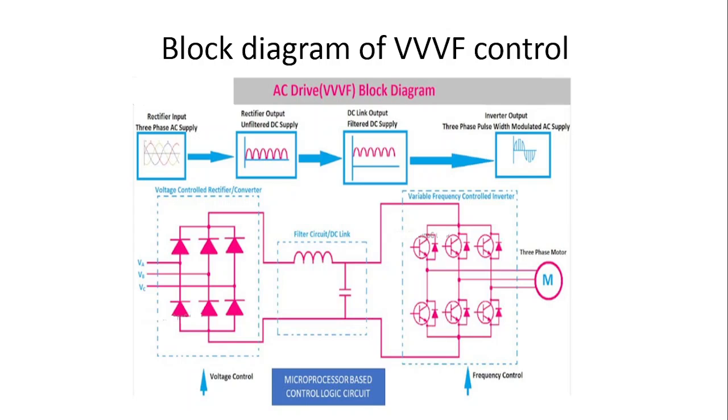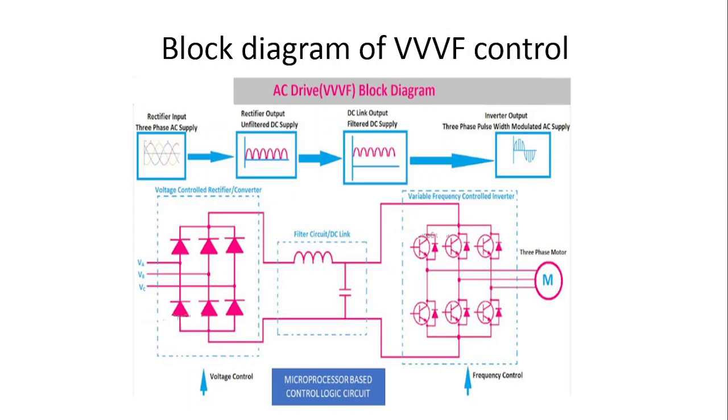It is generally difficult to change the number of poles of a motor. So the only option to change the speed is changing the supply voltage frequency, but that is not easy. So we need an inverter unit to convert the frequency.